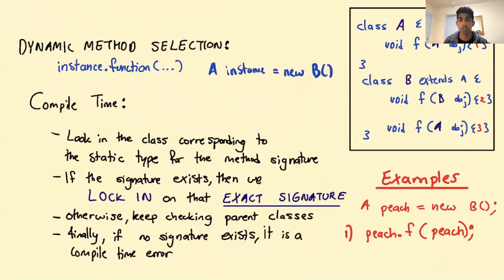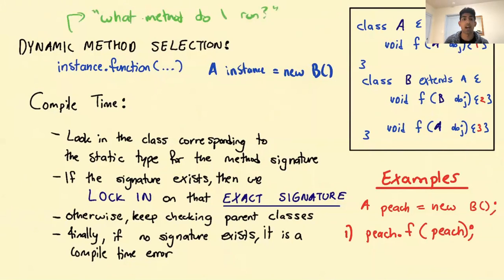Okay, so here's the big chunk of this mini lecture, and we will be talking about dynamic method selection. So what is dynamic method selection? Dynamic method selection is answering this question: what method do I run?